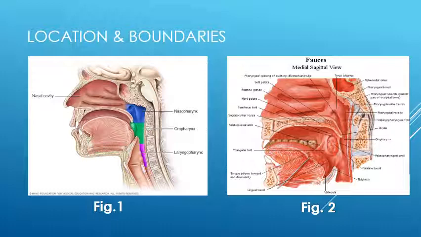That fossa is limited above by the hyoid bone, below by the lower border of the cricoid cartilage, medially by the arytenoid and aryepiglottic folds of the larynx, and laterally by the thyroid membrane and thyroid cartilage of the larynx. As you know, the pharynx is lined by the mucosa.